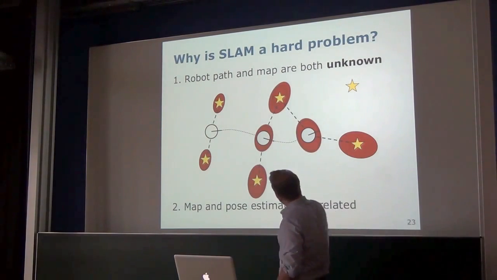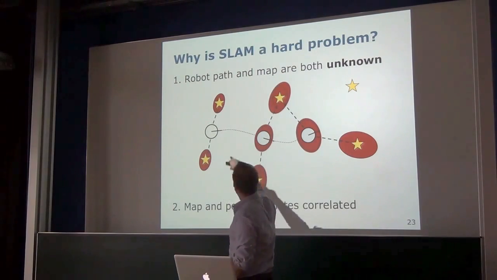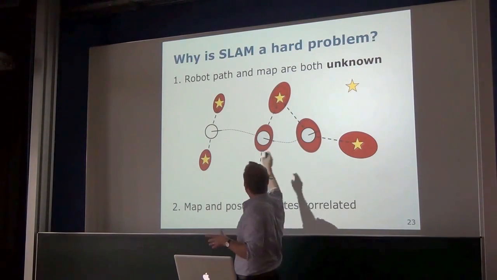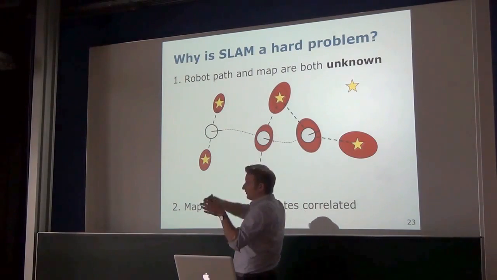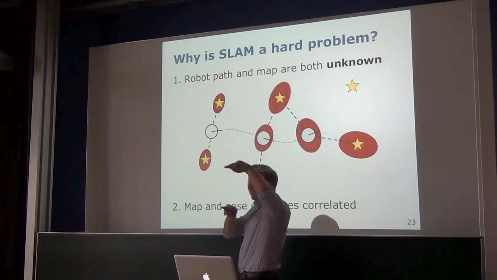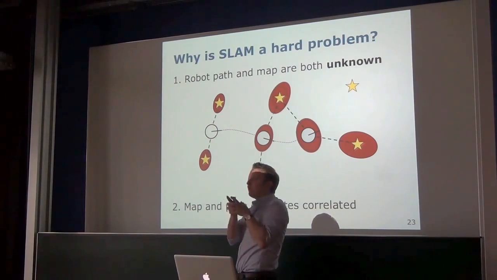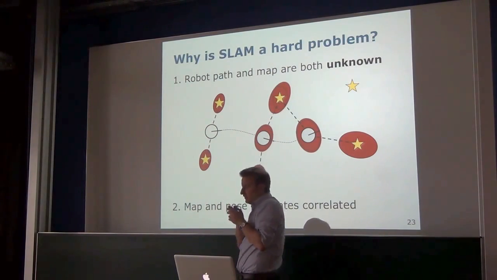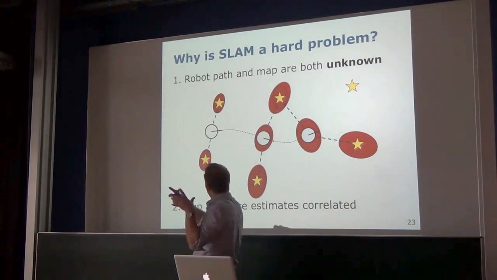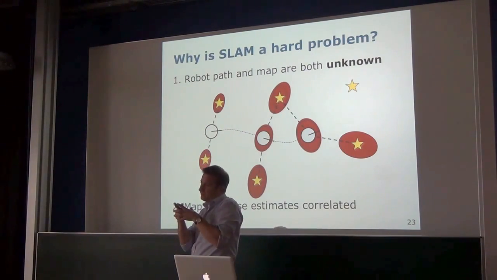So if you go around this environment, let's say 2 or 3 times, all those landmarks will be highly correlated in all their uncertainty limits. And really, depending on how often you've seen landmarks from different positions, so how many more observations we have of them, the more correlated those variables are. That means the more I know about one variable, the more I know about the others. And as a result, typically the smaller the uncertainties get.